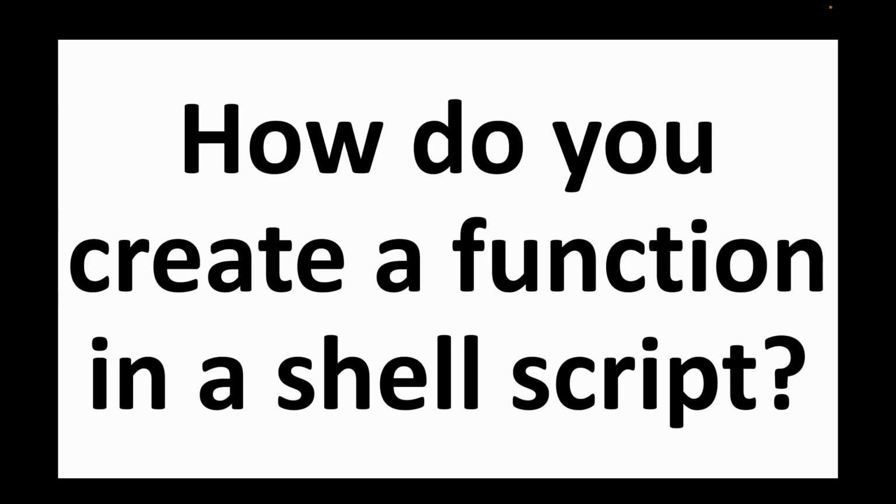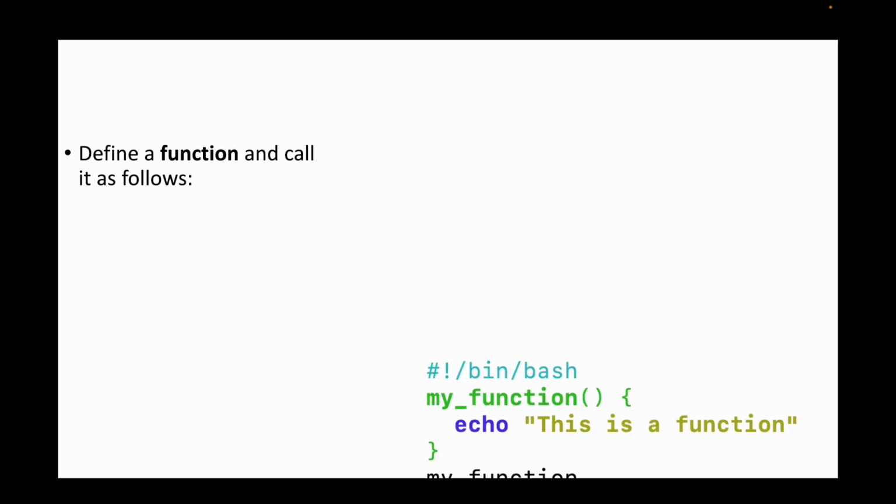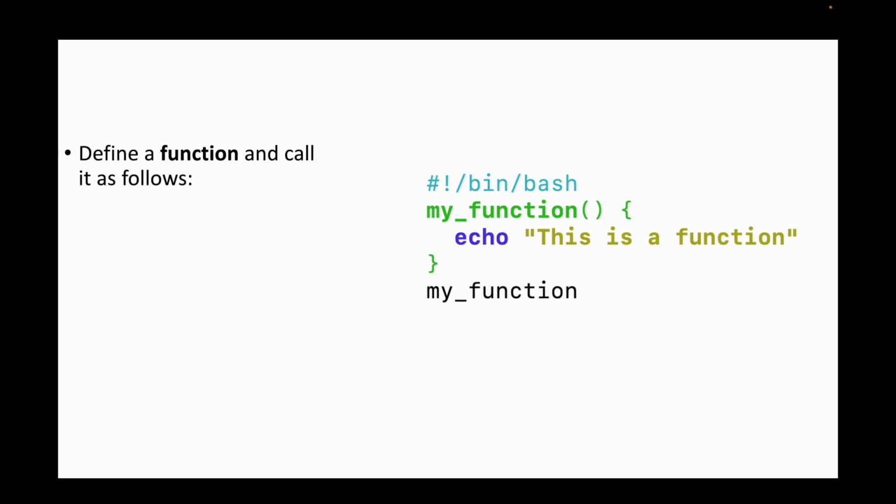The next question we have is, how do you create a function in a shell script? So a function is a very commonly used method in any programming language, and the same we have in shell scripting. So we can define a function in shell scripting and then we can call it. In this case, we are defining our function, we give it a name and then open-close parenthesis.